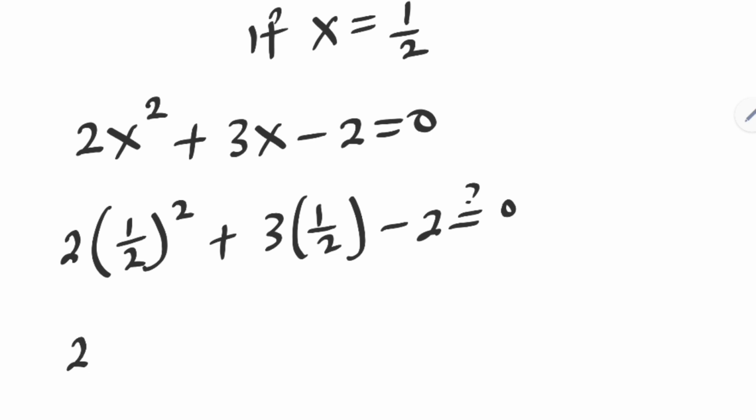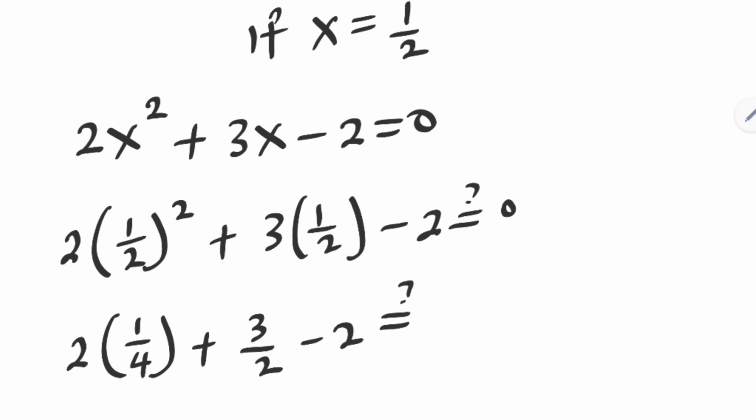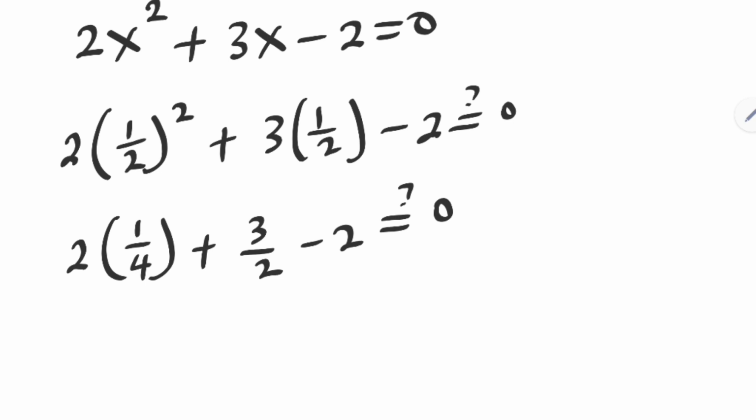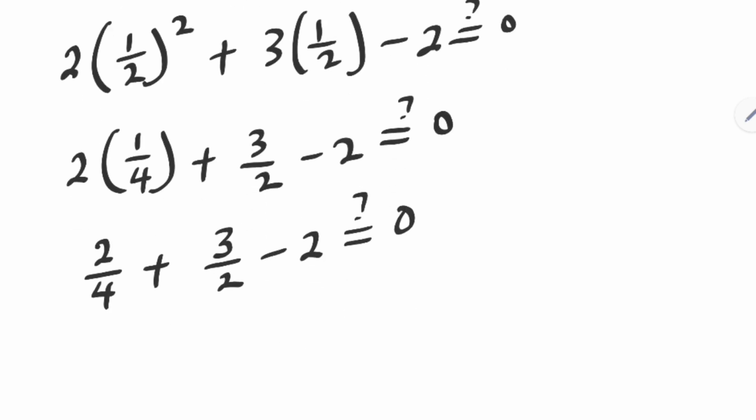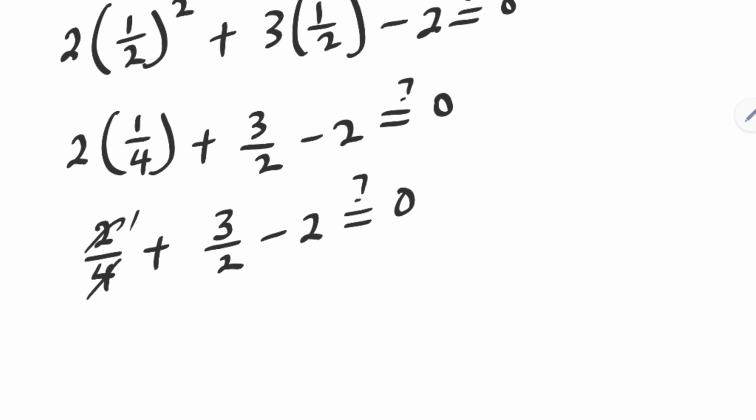This is 2 bracket 1 over 4 plus 3 over 2 minus 2 must be equal to 0. This is 2 multiplied by 1, 2 over 4, plus 3 over 2 minus 2. Then 2 here 1, 2 here 2. We have 1 over 2 plus 3 over 2 minus 2 must be equal to 0.